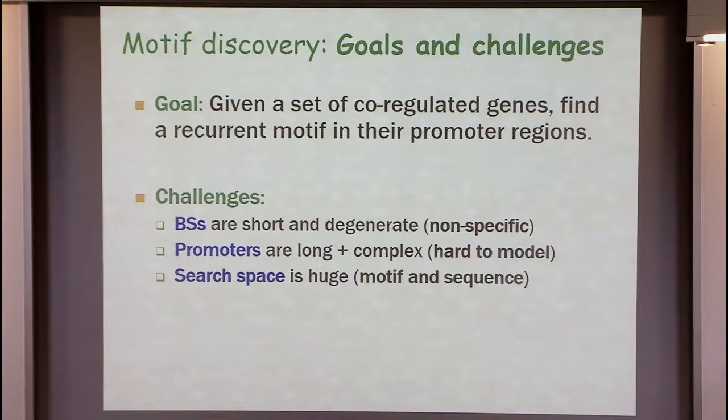In addition, the search space is huge. For example, if you want to consider all motifs of length L, we need to consider 4^L sequences, and we might want to include all mismatches up to D mismatches, so we'll have to multiply it by (L choose D). And this is the space of motifs that we want to consider.